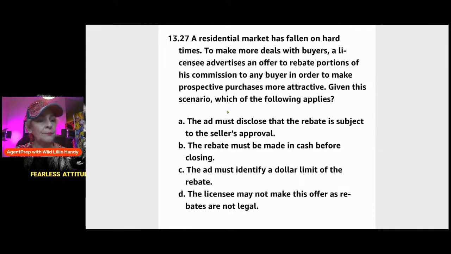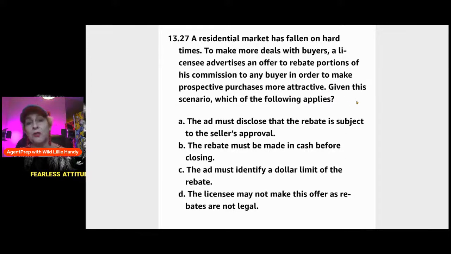So the residential market has fallen on hard times, and sometimes the seller will provide incentives and other monies. To make more deals with buyers, a licensee advertises an offer to rebate portions of their commission. And we can do that for any buyer in order to make prospective purchases more attractive.